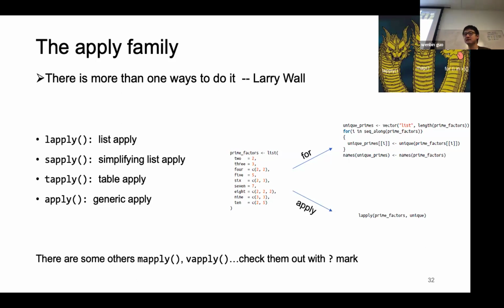Actually, this can be done using the apply family, especially when the operation for every element is the same, then the apply family will be a perfect choice for you.